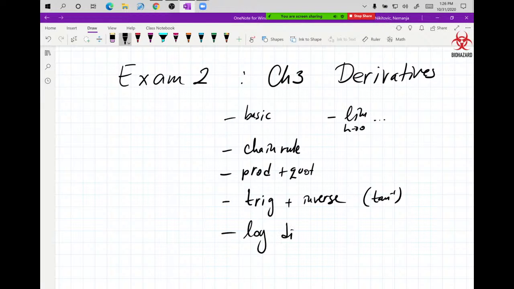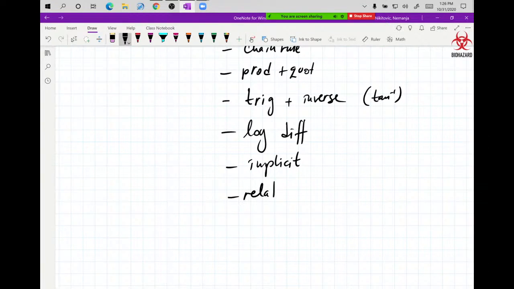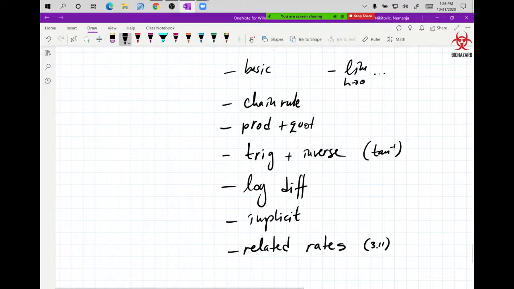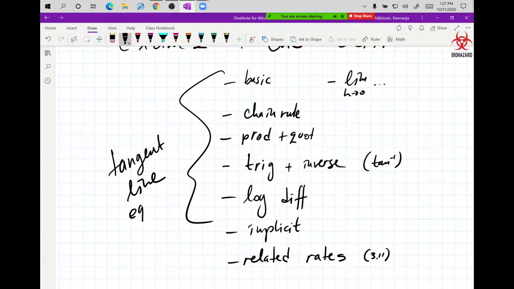Logarithmic differentiation, implicit differentiation, related rates, which are the word problems from 311. All of this, tangent line equation.